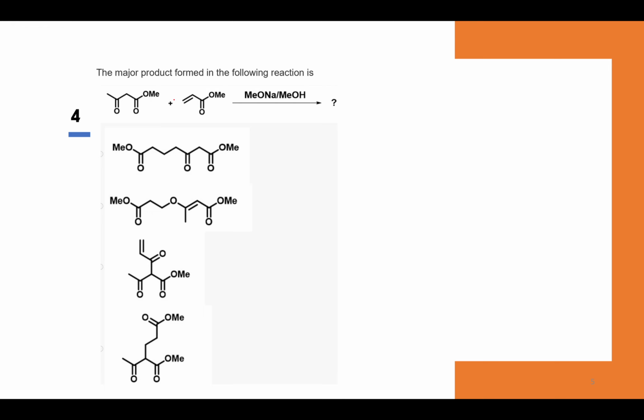Sorry, ester and ketone, right? Two carbonyl carbons are there. We have discussed that when we have two carbonyl carbons and a methylene group, this methylene will be more acidic. The pKa value will be lowest, right?